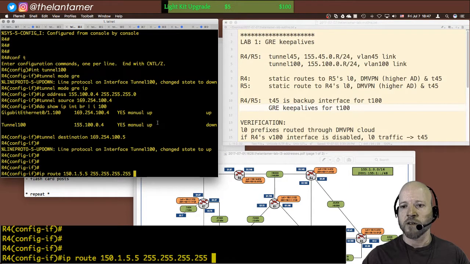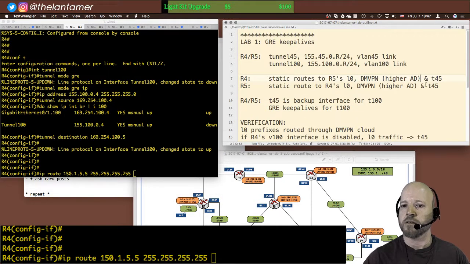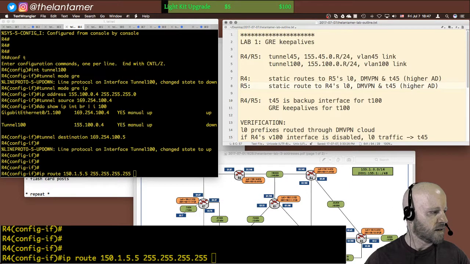And the one on tunnel 100 is going to have a higher administrative distance because we want it to be lower priority. No, that's wrong. Tunnel 45 is going to be the backup interface for tunnel 100. So we want this to have a higher AD. Let me check my lab key here. Static routes should have a higher than those.